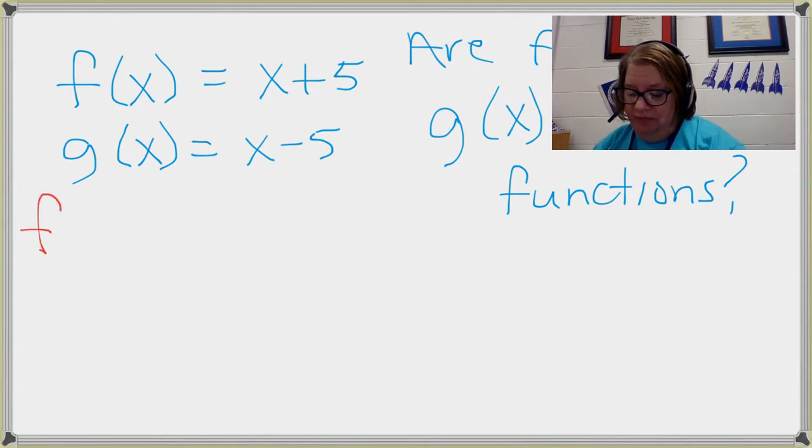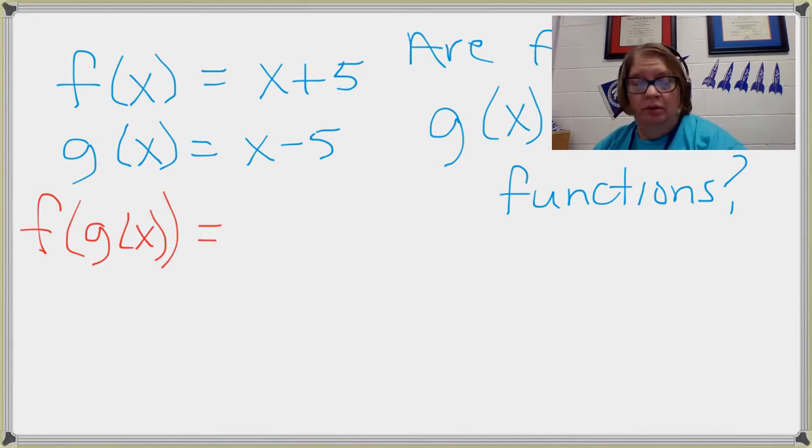So here's what we've got. We're going to find f of g of x. It looks ugly and complicated, but what did we do with those numbers that were in parentheses? We took the number in parentheses and plugged it in for the x, but now what's in parentheses is not a number, but an entire function. What's in the parentheses is g of x.